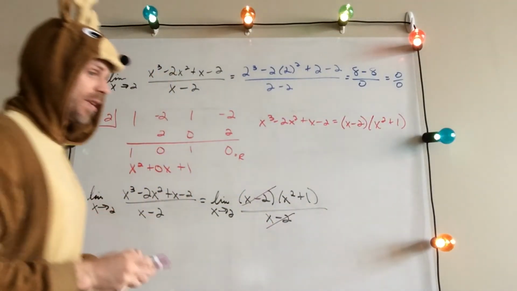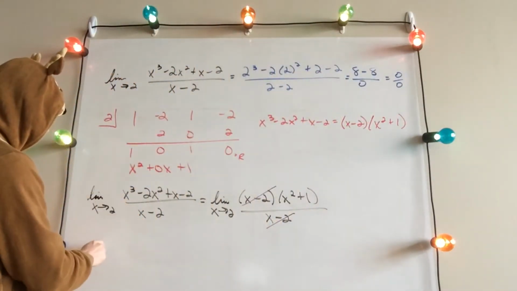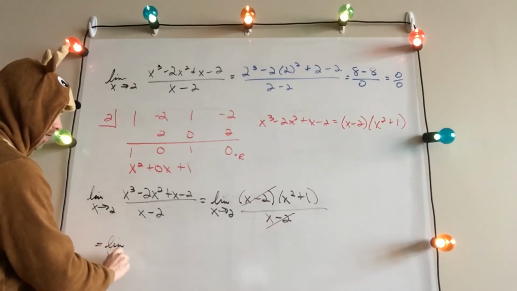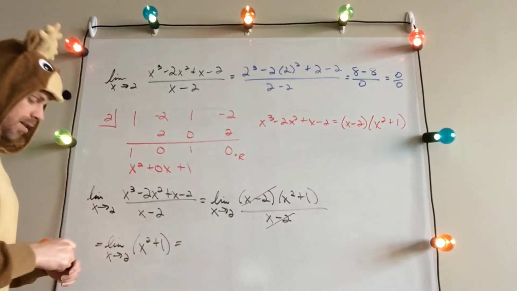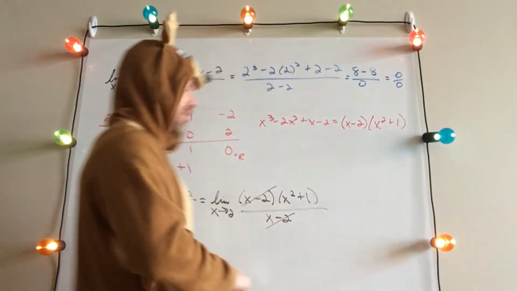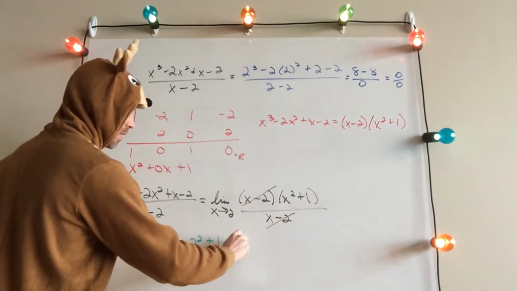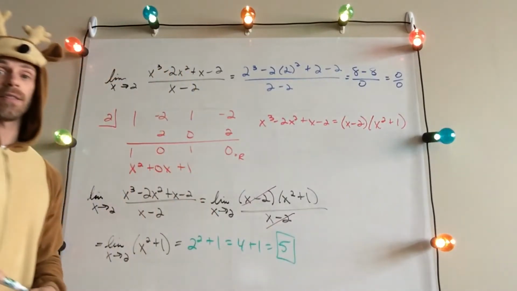All right, that common factor. So we canceled it out. So we're left with the limit as x goes to 2 of x squared plus 1. And then looks like we can do our direct substitution. Now we get 2 squared plus 1, 4 plus 1, we get 5.